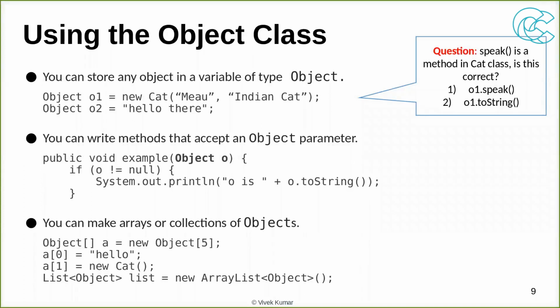So string is considered a derived data type. Yes, because it's a class. So when you say string S, you're actually creating an instance of string. Okay, so it is a class here.